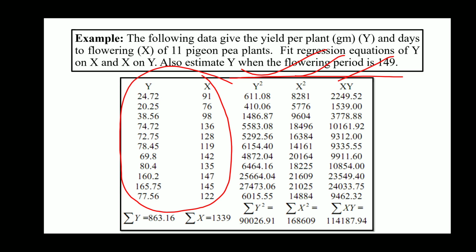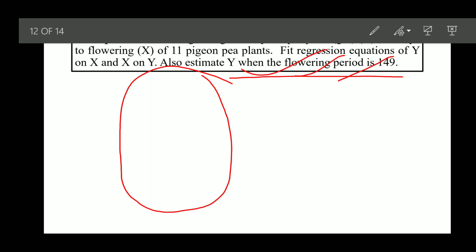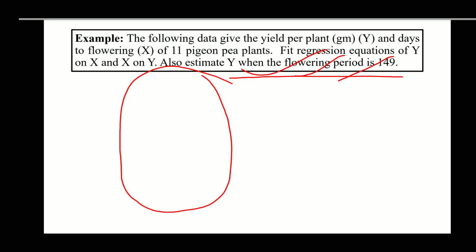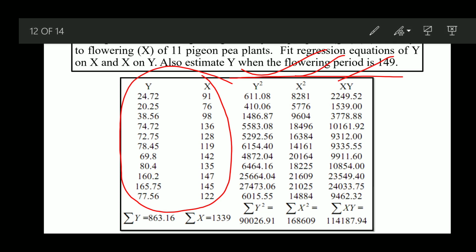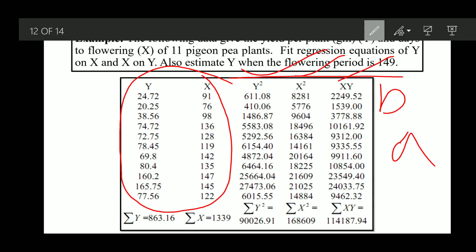So now we know what we have to do. For fitting a regression line of y on x or x on y, we should have b and a with us, that is slope and intercept. And how to calculate slope and intercept, that I already know. We have our formula here.